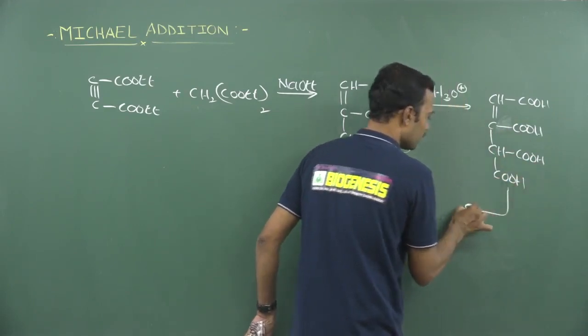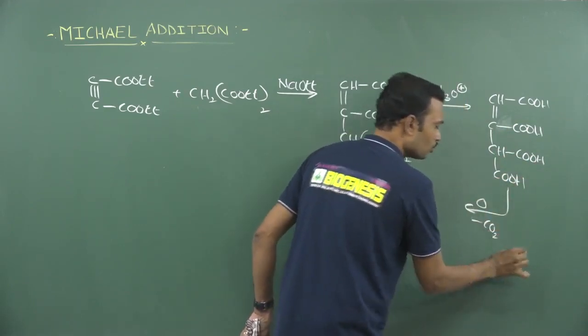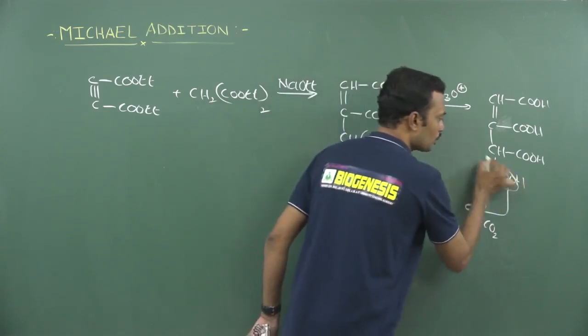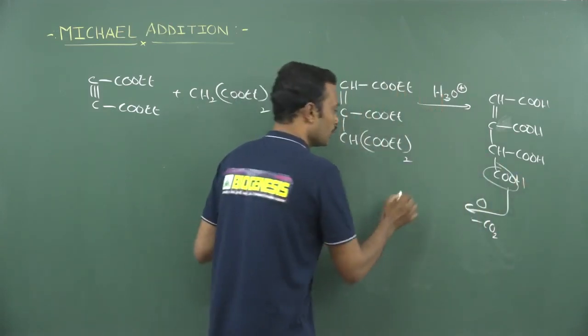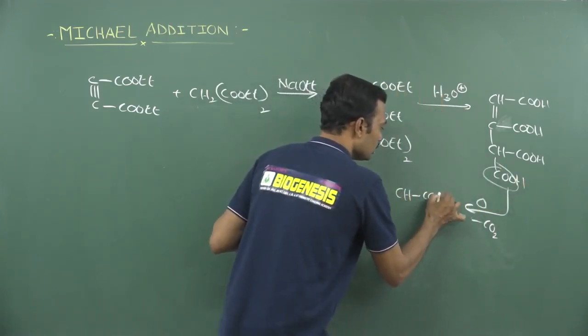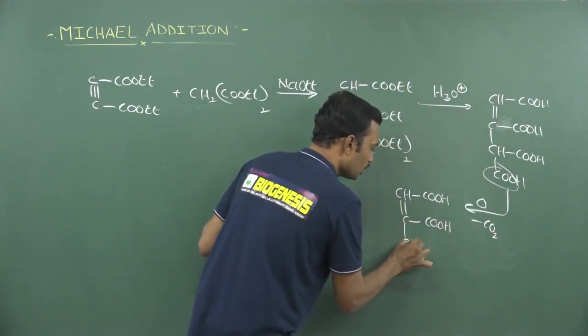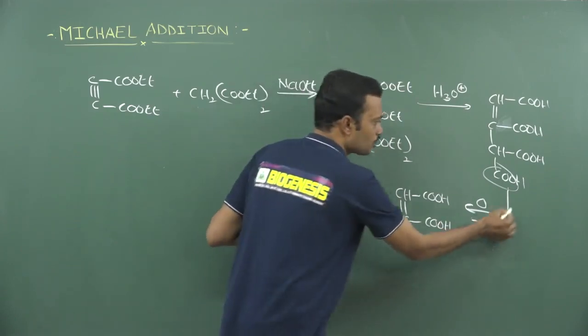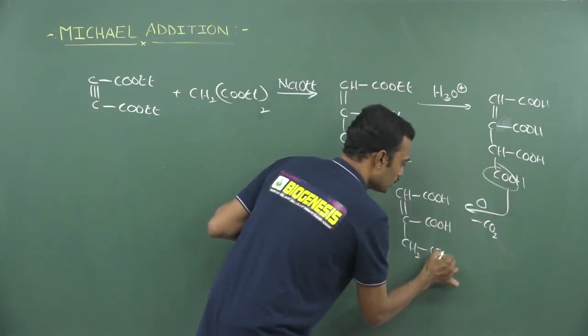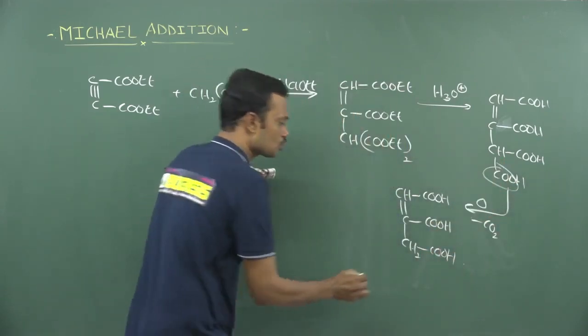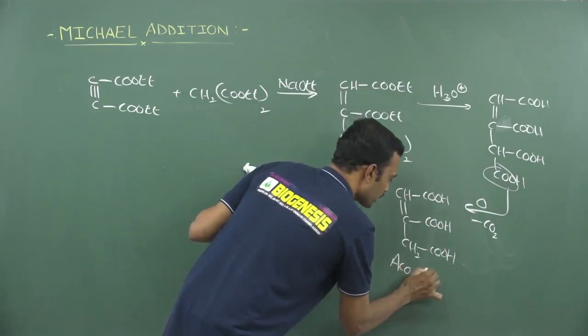If thermal conditions are given, CO2 is going to be removed outside. Finally, there is a double bond between these 2 and here 2 carboxylic acids are present. Now this will carry CH2, this hydrogen is added here. Now there is formation of a tricarboxylic acid. This is called aconitic acid.